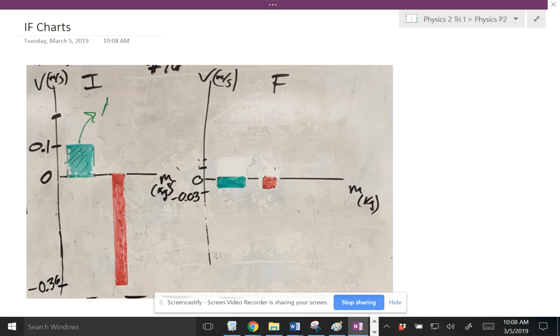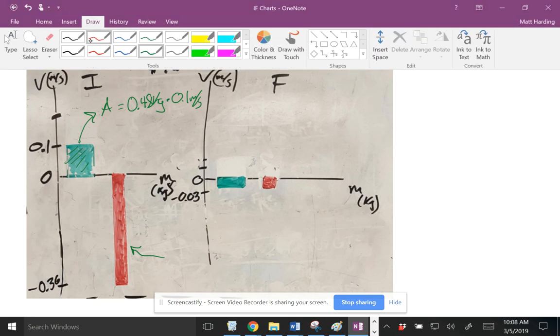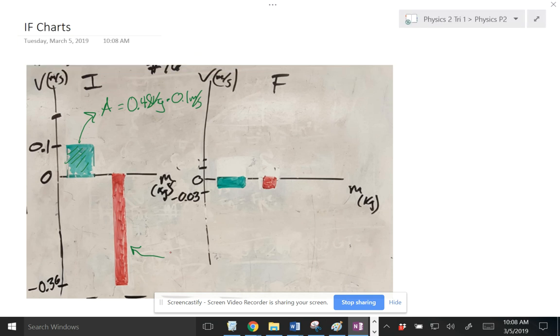The area is going to be 0.48 kilograms times 0.1 meters per second. This one is going to be, let me put it in red here, 0.20 kilograms times negative 0.36 meters per second. Those are the dimensions of the rectangle.